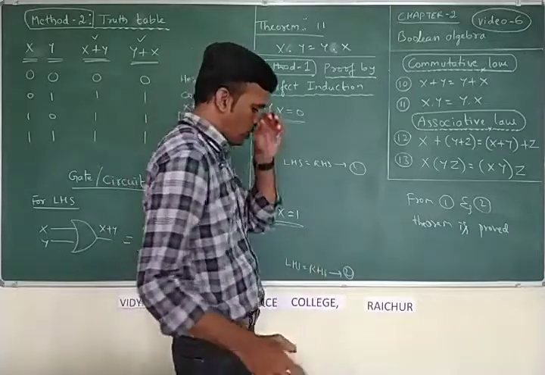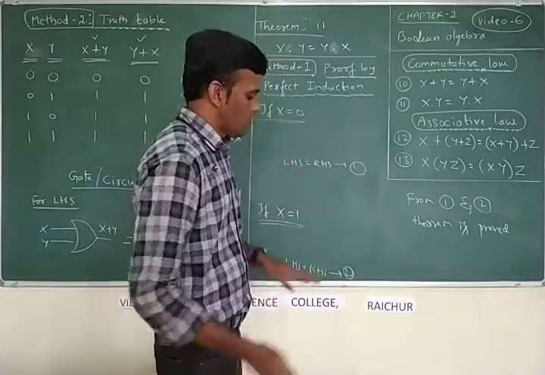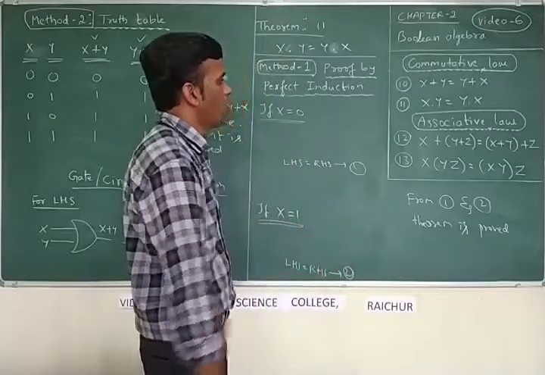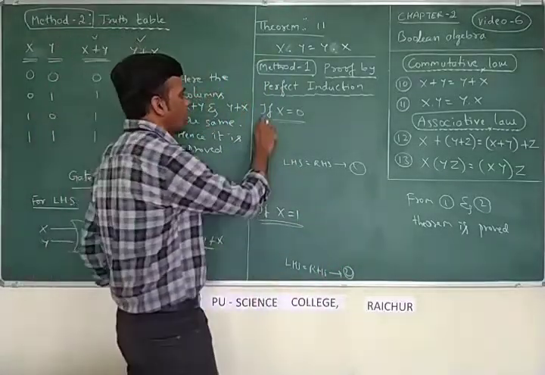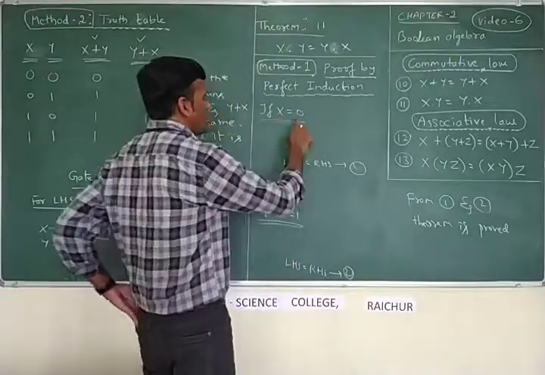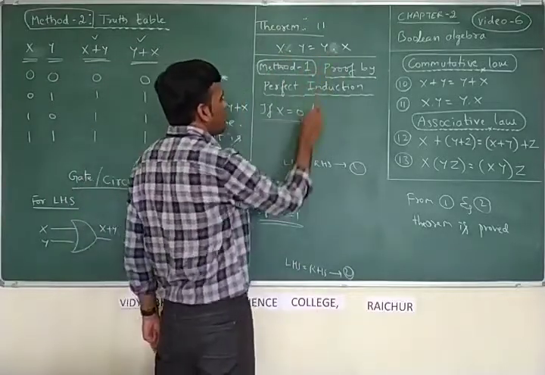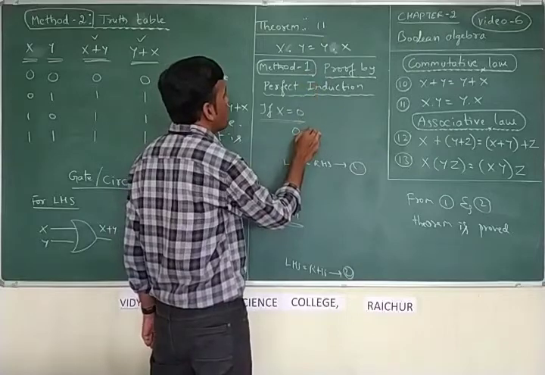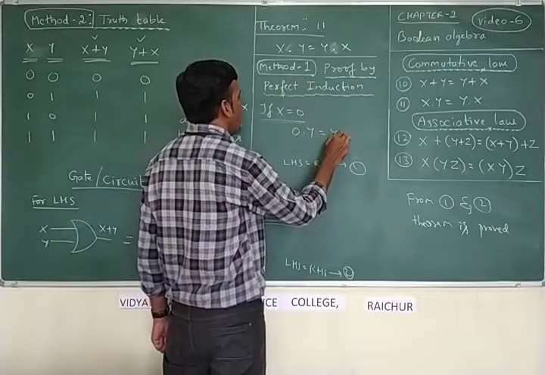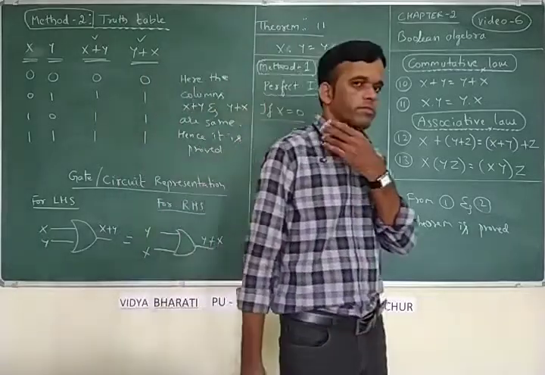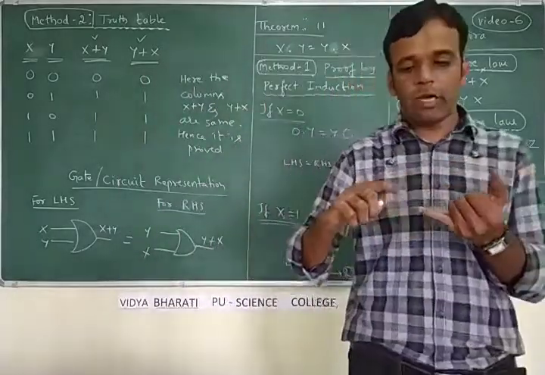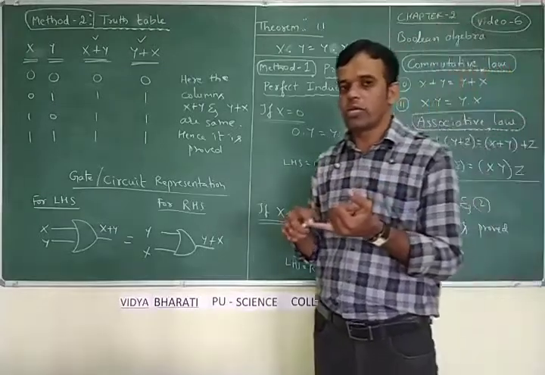So again select any one variable, either x or y, assume 0 one time and 1 another time. So let it be say x equals to 0, substitute 0 in this given theorem. So 0 dot y equals to y dot 0. So again from the properties of 0, when 0 is ANDed with a variable, answer is going to be 0.